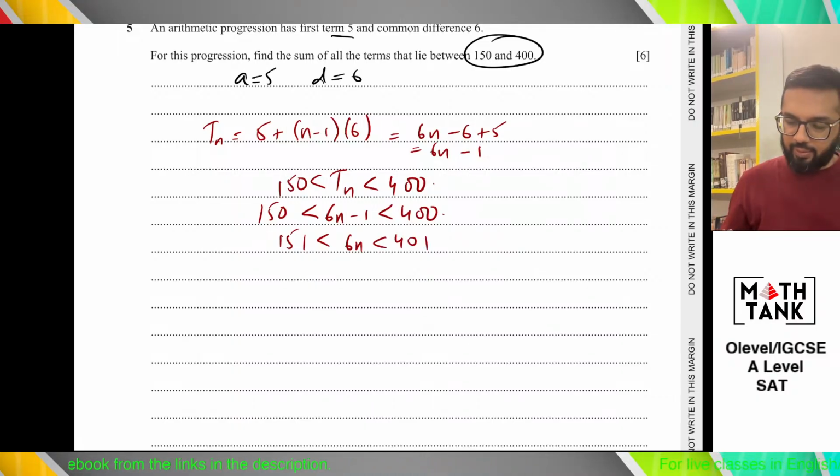What's 151 divided by 6? So 25.17, and 66.8.